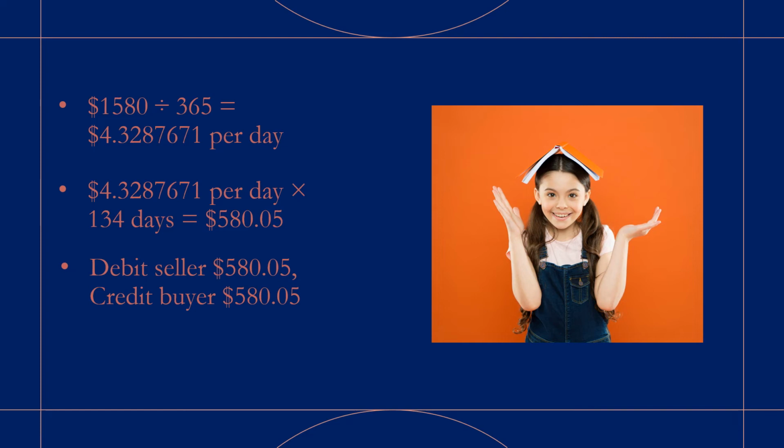When you do your calculations, just leave the long figure in your calculator and then immediately multiply that by the number of seller days, which was 134. That's going to equal $580.05. This is then entered on the closing disclosure as a debit to the seller and a credit to the buyer.